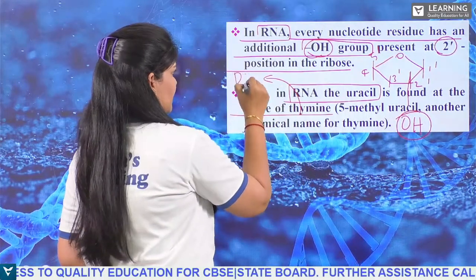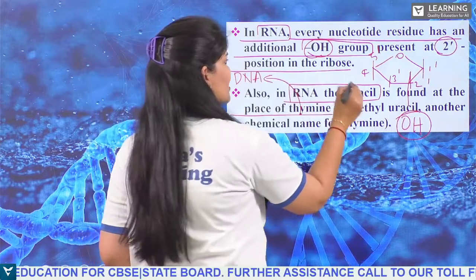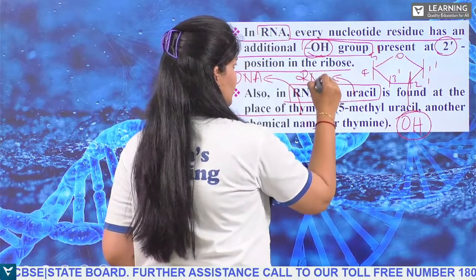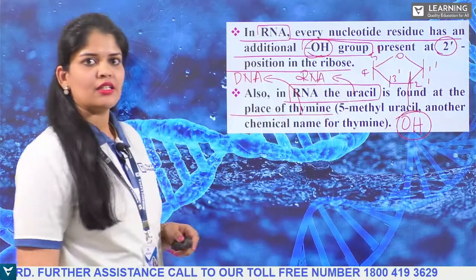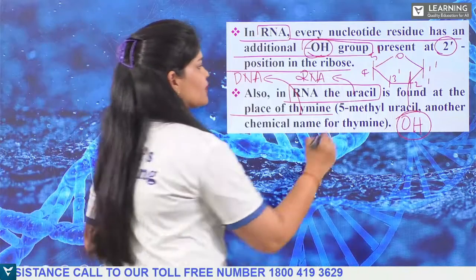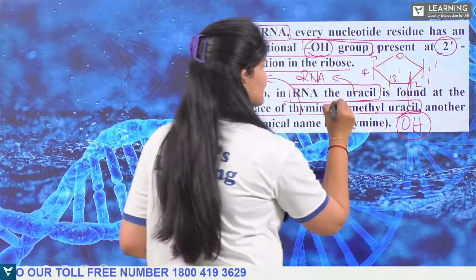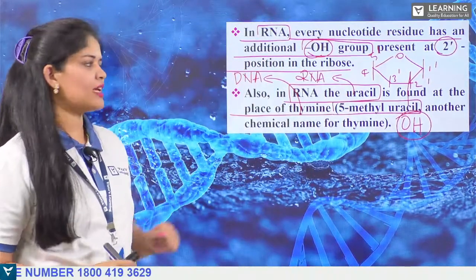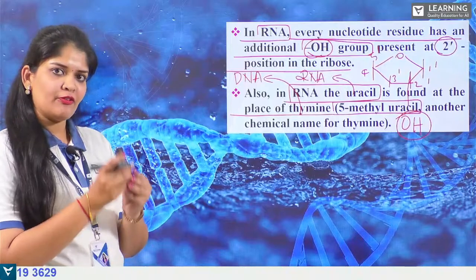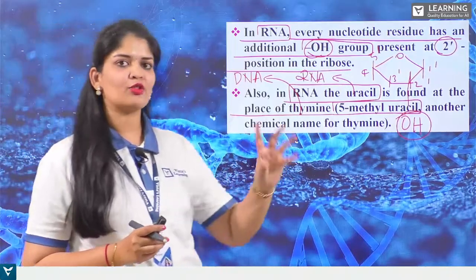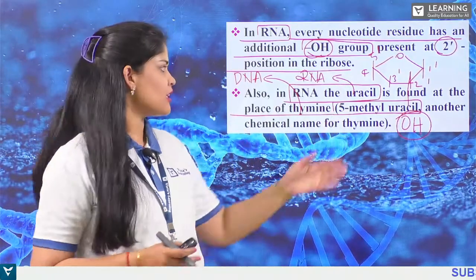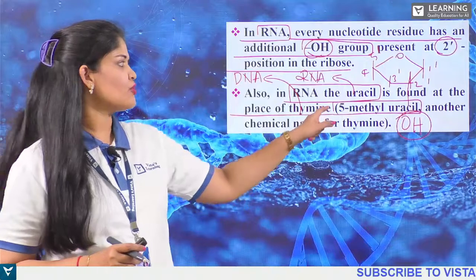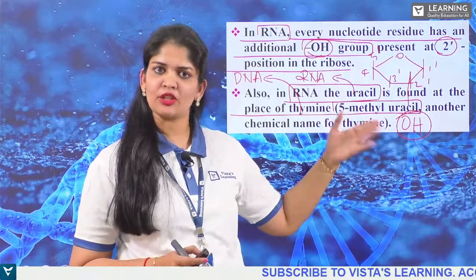Thymine is present in DNA. Uracil is present in RNA. Thymine is nothing but 5-methyl uracil, another chemical name for thymine. If we fix the methyl group at the fifth position of uracil, that gives thymine.